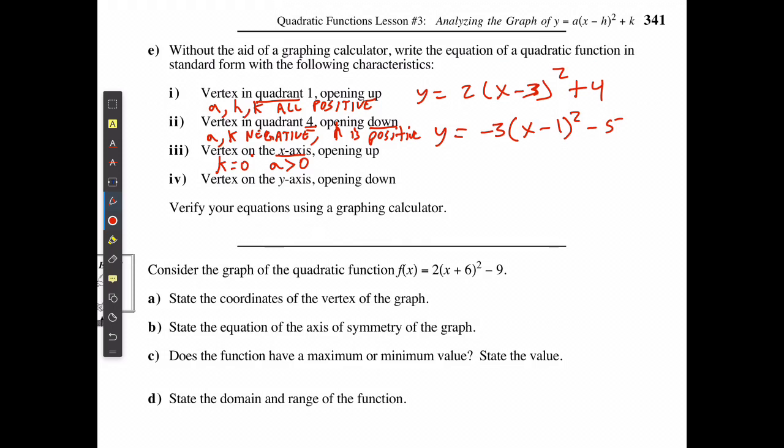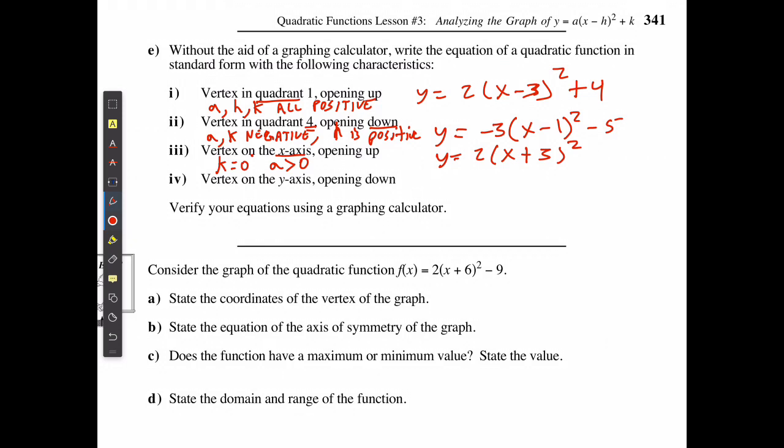So if my k is 0, I just don't include a k value. I'm just going to say that y is equal to positive a, so let's say 2, and then x plus or minus whatever, because there's no restrictions on what h can be in this case.